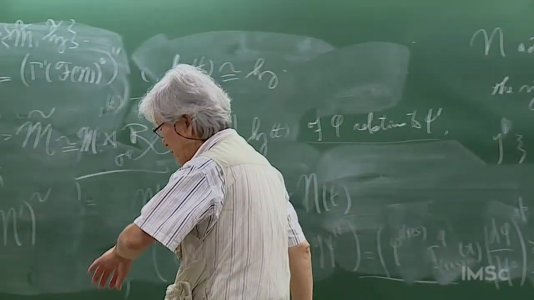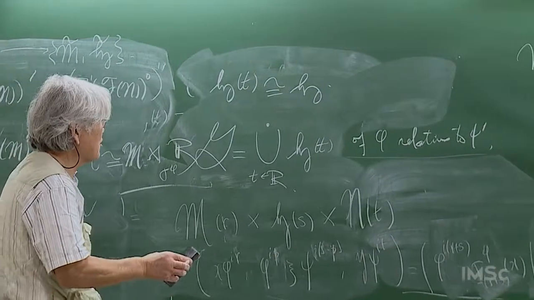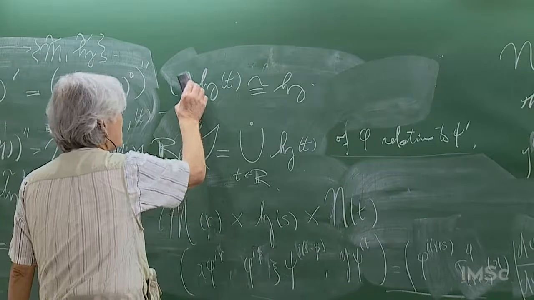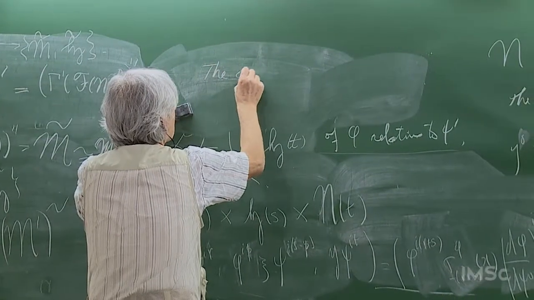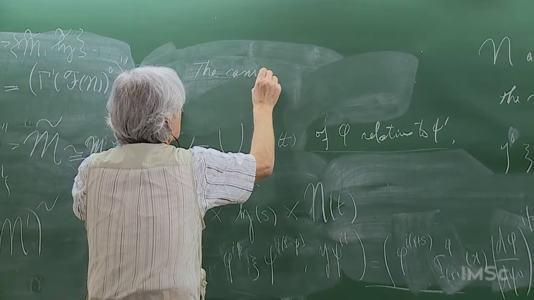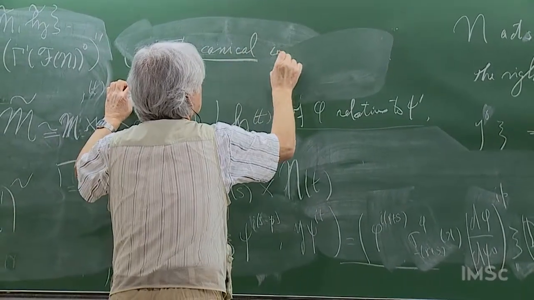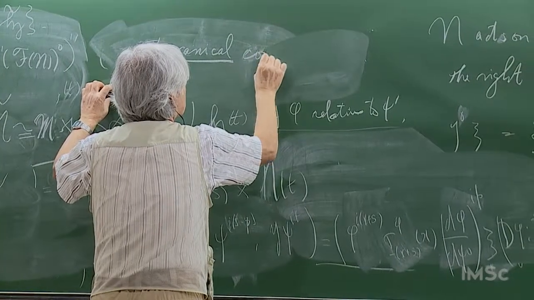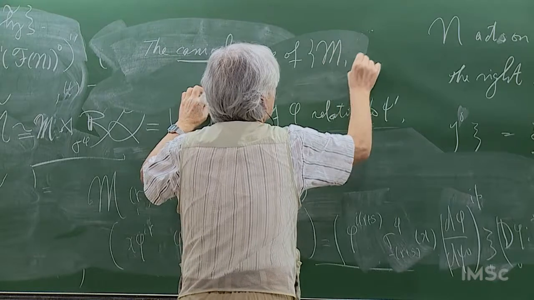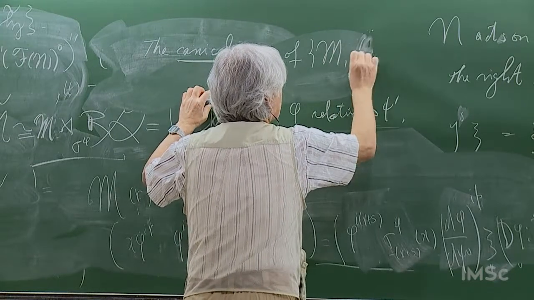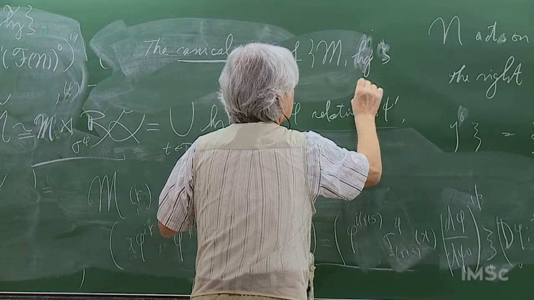And so this is what I call the canonical core of spatial Hilbert theory. We don't require H to be standard.